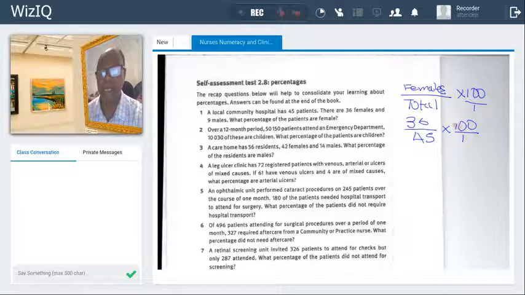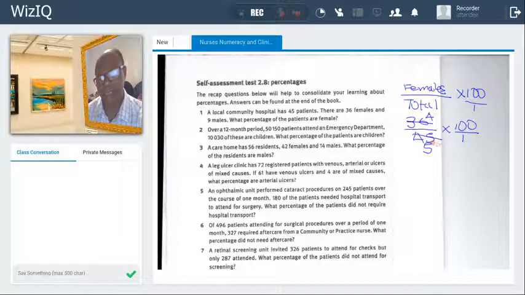You can see 9 can go in here and 9 can go in there. So 9 into 36 is 4, and 9 into 45 is 5, because 9 times 5 is 45.